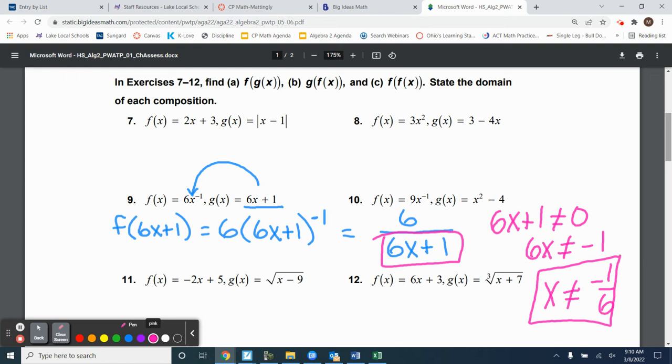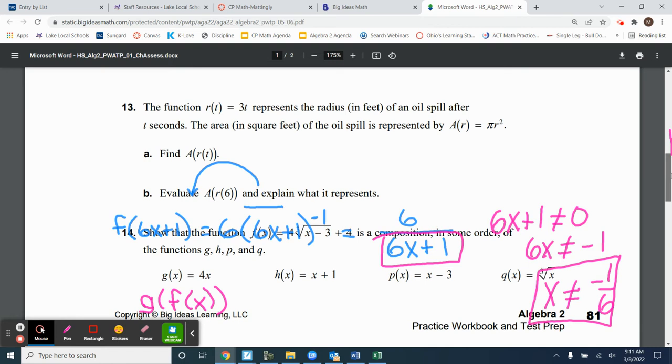All right, let's try one more of these, and we'll call it a day. Let's do 11, and let's do g of f of x this time. I'll move it so you guys can see a little better. Oops, I've got to go back to my arrow.